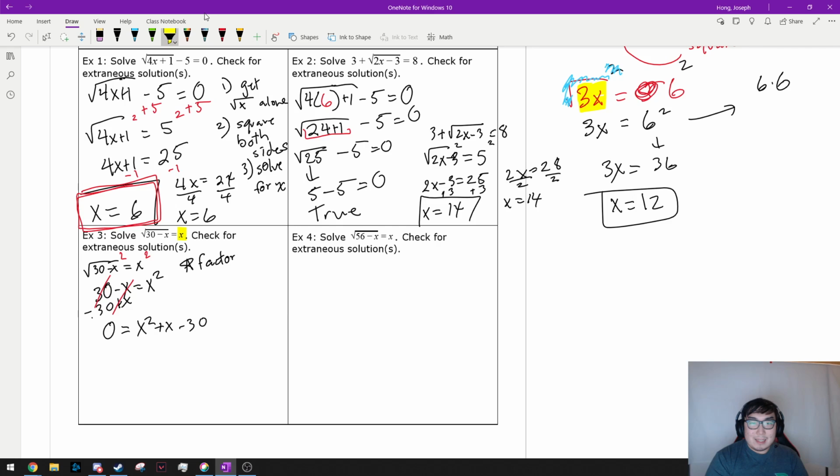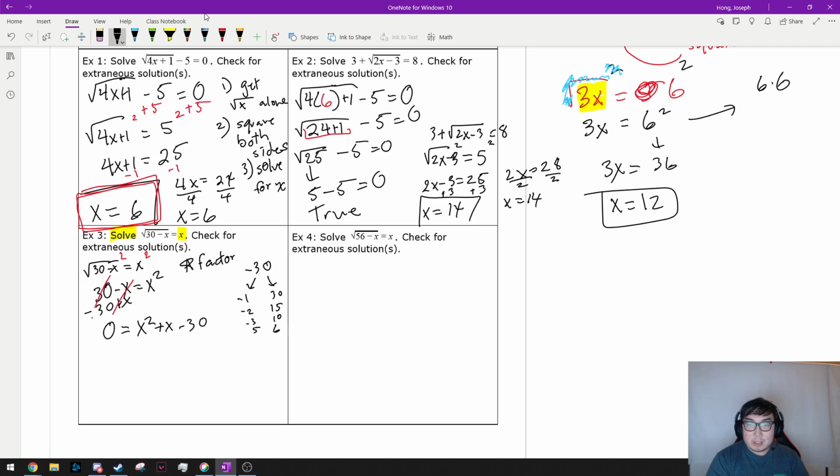As in, my x's need to equal a number. So the way to do that is to do a factoring tree, very similar to the first semester, where I have to list out my factors like this. And one of them is going to be negative, and the bigger number is going to be positive.